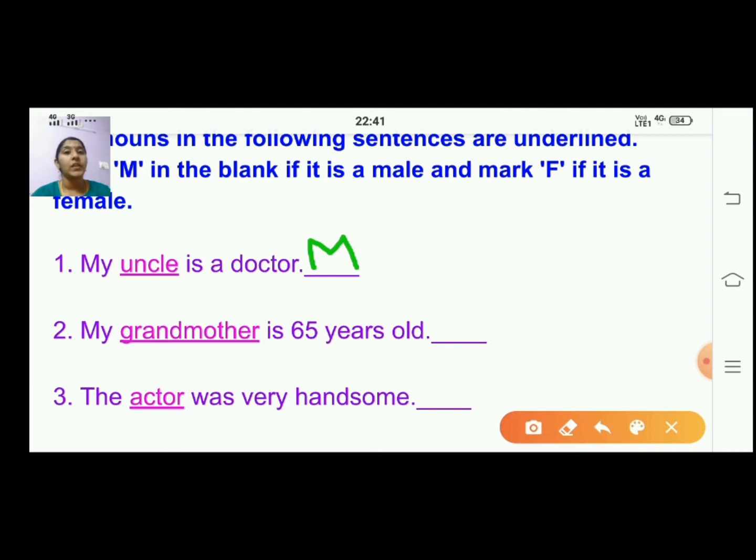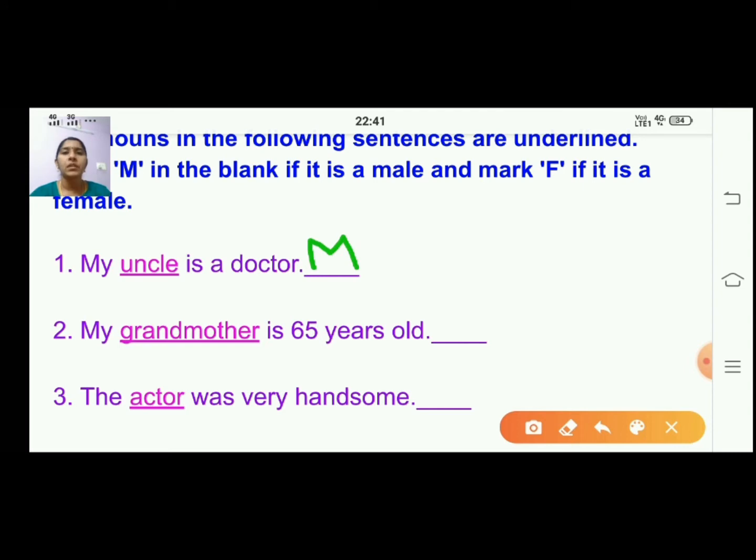Now the second one, my grandmother is 65 years old. My grandmother, the underlined word, the word where we have put a dash below, you are going to see that word and mark, right?